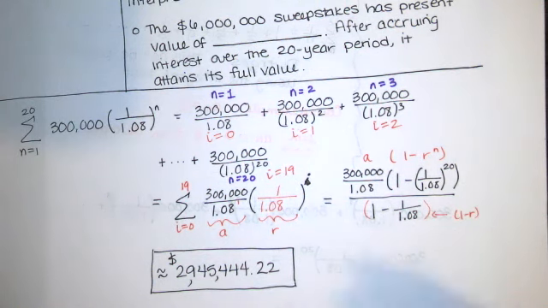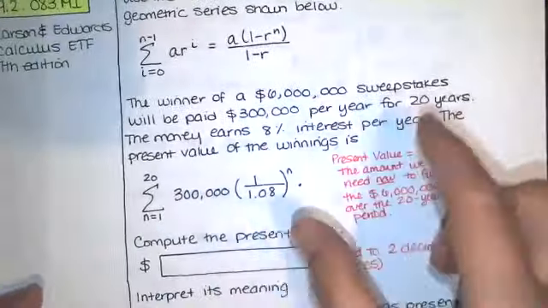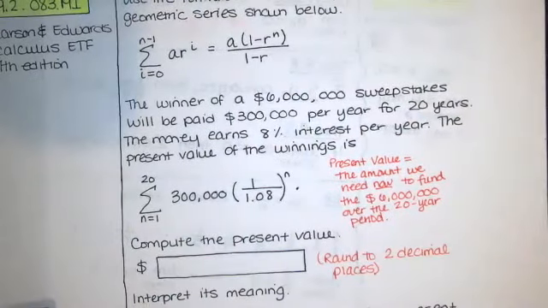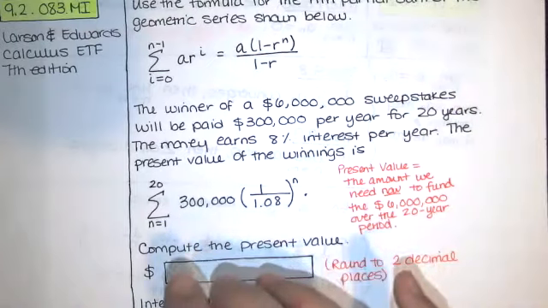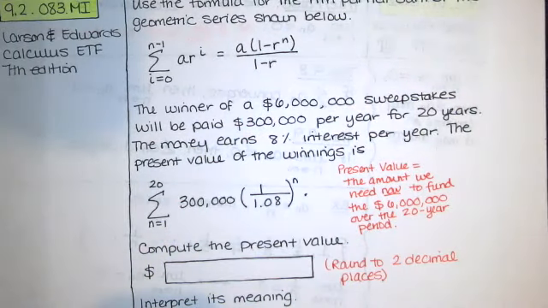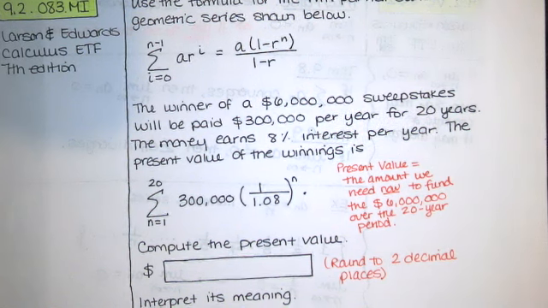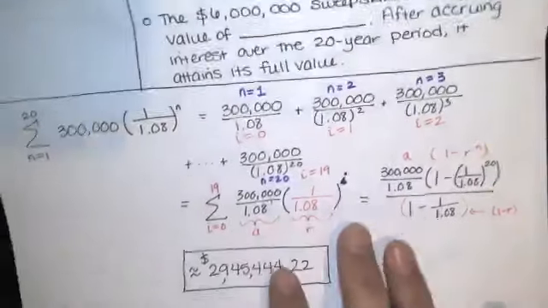Now, the more that you've paid out, the less interest it's accumulating. So if you had a $6 million sweepstakes and you were going to pay it out in 2 years, $3 million this year and $3 million next year, that would be much more difficult.